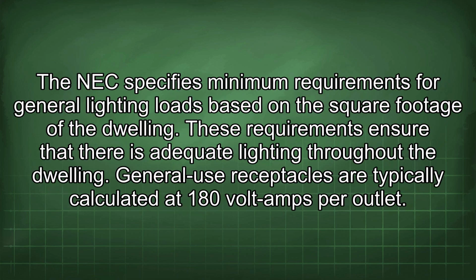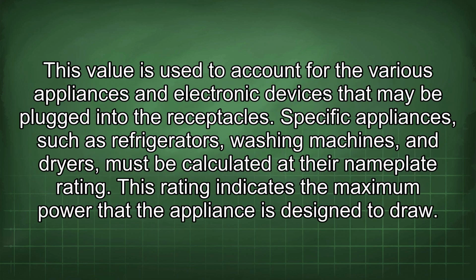The NEC specifies minimum requirements for general lighting loads based on the square footage of the dwelling. These requirements ensure that there is adequate lighting throughout the dwelling. General use receptacles are typically calculated at 180 volt-amps per outlet. This value is used to account for the various appliances and electronic devices that may be plugged into the receptacles.